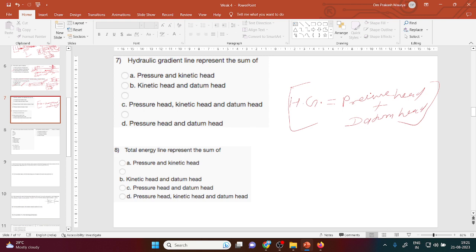If you are considering here a pipe, and your datum line is the mid of the flow, with one piezometer here and one piezometer here.